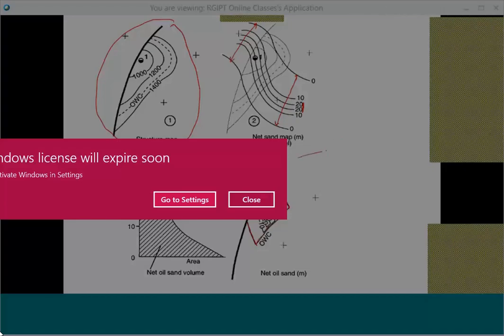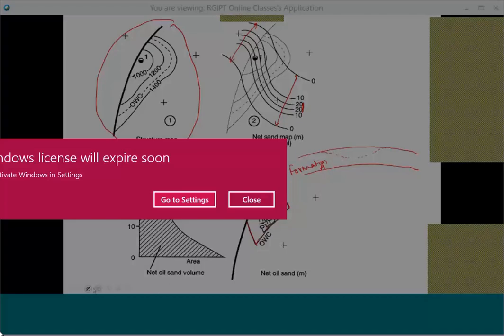Let's say you have a structure map of a formation. This is your structure map of a formation, in a section view. Let's say formation A, that is a formation name. Now this entire formation may not be productive. Now let's say only there is a channel sand in this formation which is productive.